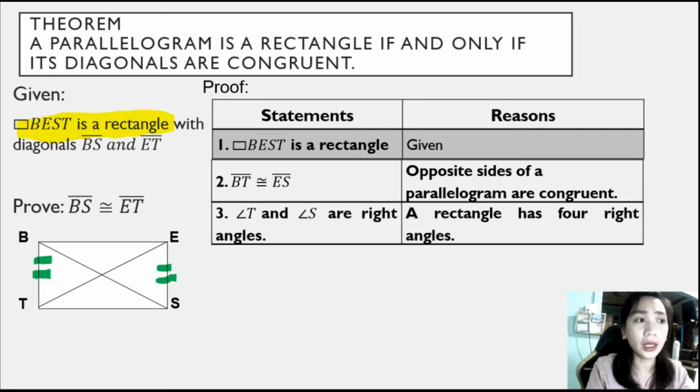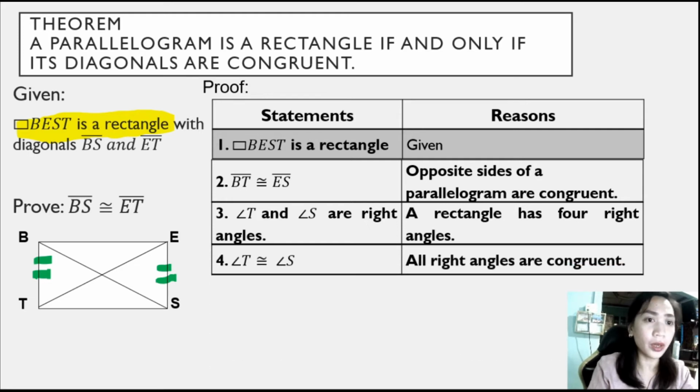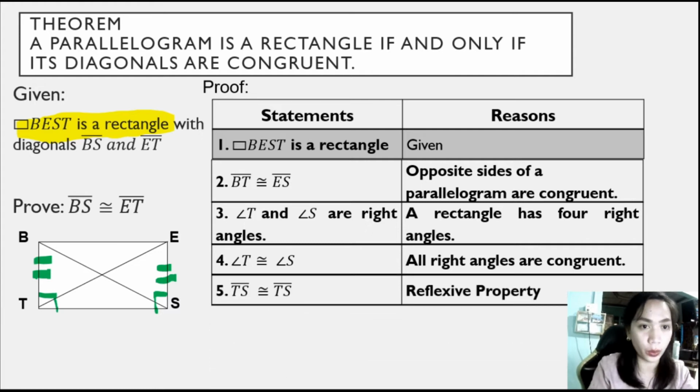Next, angle T and angle S are right angles. Reason: a rectangle has 4 right angles. Alam naman natin, kapag rectangle, lahat ng angles niya ay right angle or 90 degrees. Therefore, angle T is congruent to angle S. Reason: all right angles are congruent.